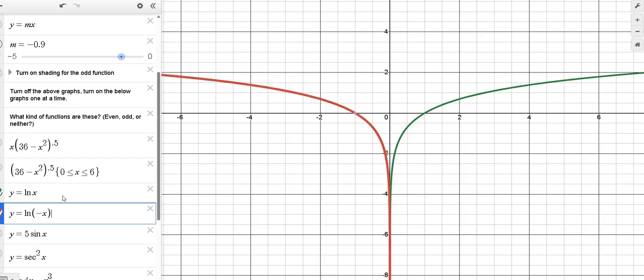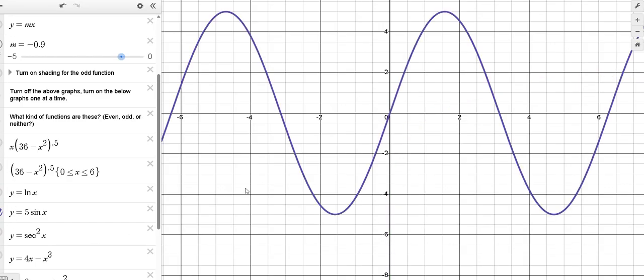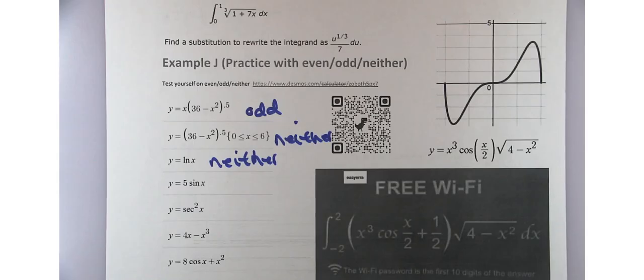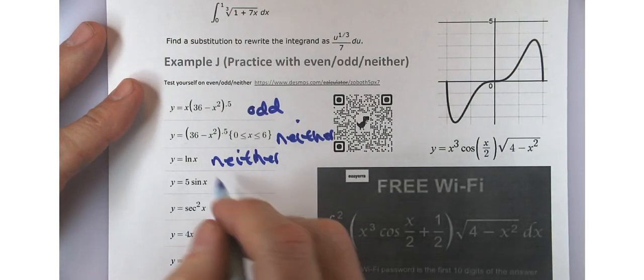That would be something like this would be an even function, but with just one of those branches, it's a neither. How about 5 times the sine of x? Yeah, sine is an odd function. You'll understand a little bit more about that in Calc 2 when you look at the series for a function like sine. So this is going to be an odd function.